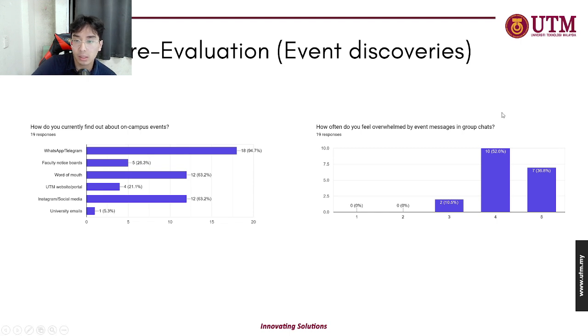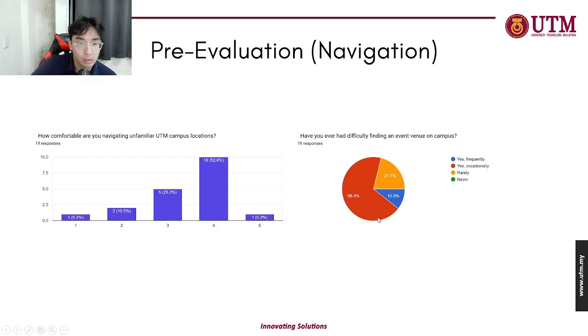Mostly they agree that they are very overwhelmed. About navigation, current students are not very comfortable going to unfamiliar locations in UTM, and they always face difficulty finding venues on campus.